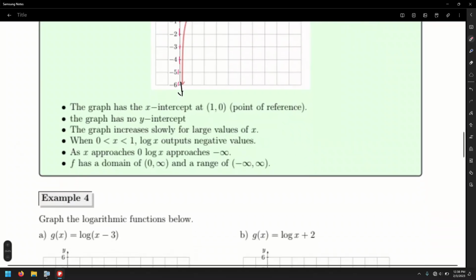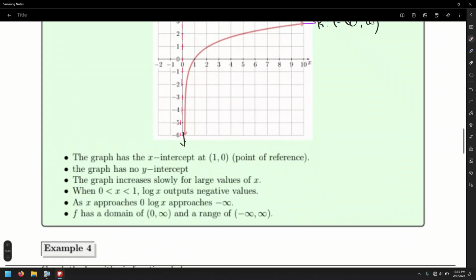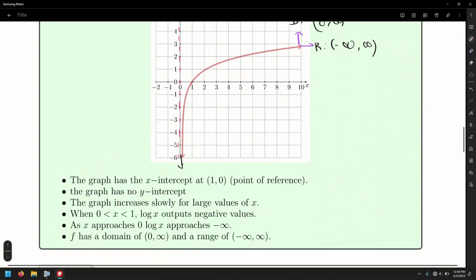All right. And well, other observations here: when x is between 0 and 1, the outputs are only negative values, and everywhere else the outputs are positive values. What else?